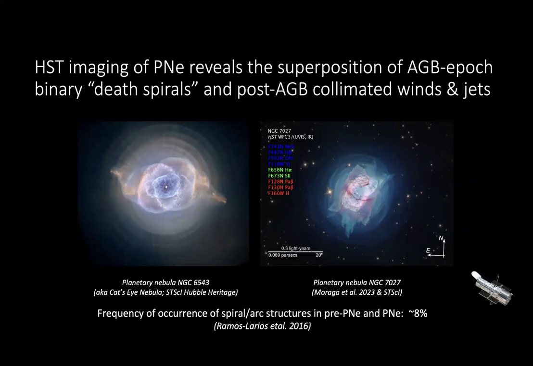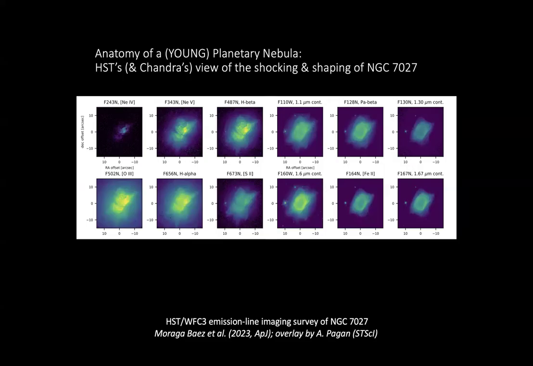It's been observed for the last 60, 80 years or so. It's called NGC 7027. I was astounded when I looked at the Hubble Space Telescope archive and saw that no one had used Hubble's most powerful camera, the Wide Field Camera 3, the last one installed in the servicing mission of 2009, to look at this planetary nebula.